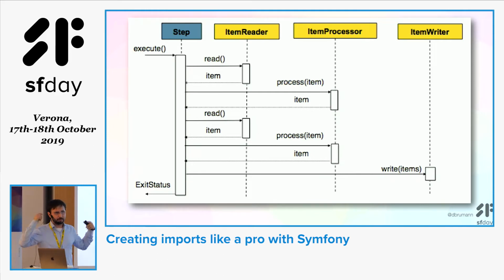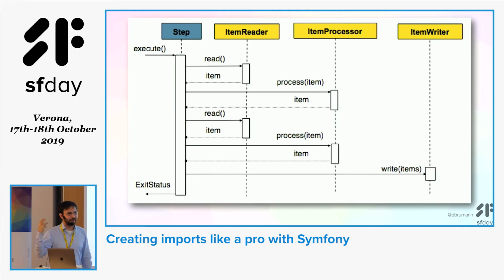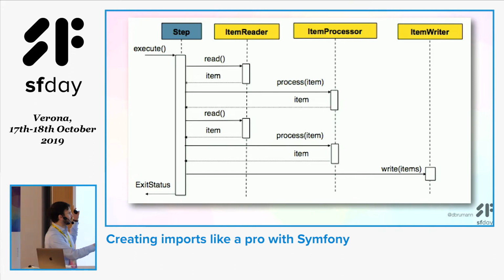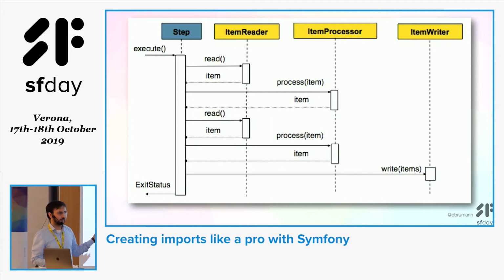So usually when I started out writing my jobs, I had just the item reader, item processor, item writer, and then some command on top. And I basically had one item is read, one item is processed, one item is written. And what this does is basically that some information that you want to have in your writer encapsulated leaks out into the method that basically just pulls all those things together, by having to be aware of transactions, for example.